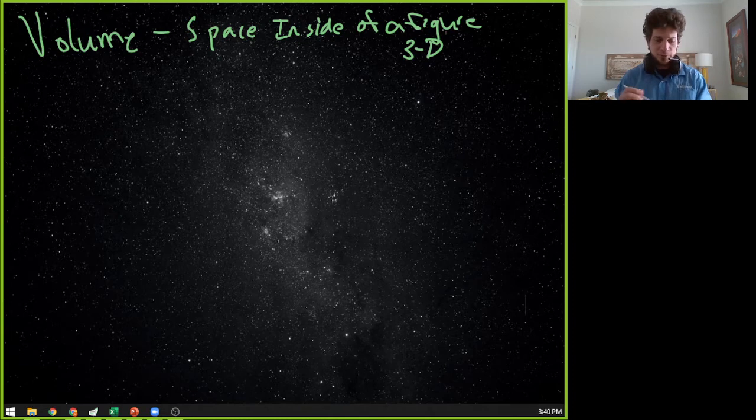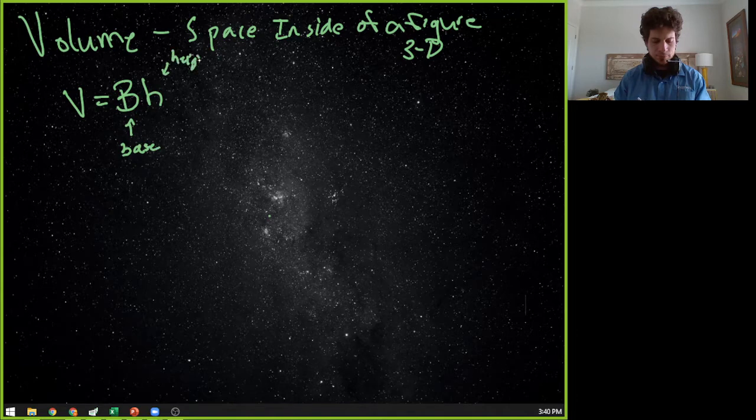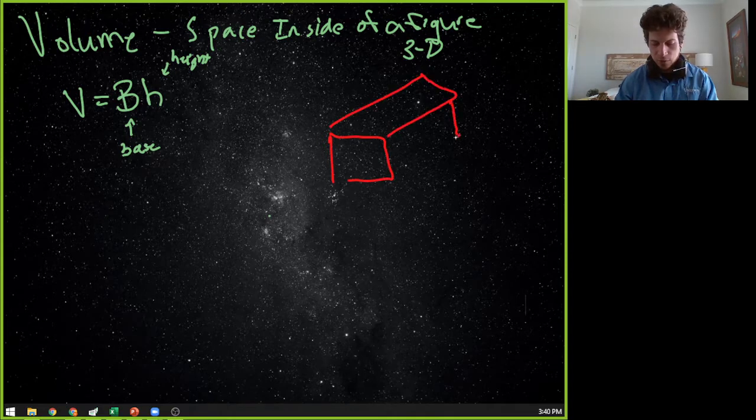And the general formula for volume is the base times the height. Now, the base is going to be different depending on the figure. Even for a box, if you recall, the volume of a box is length times width times height.